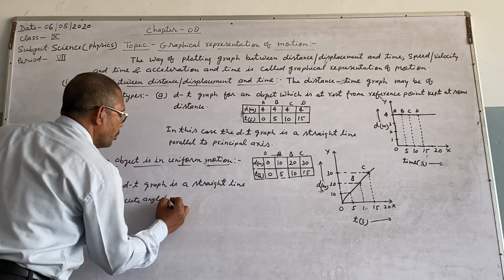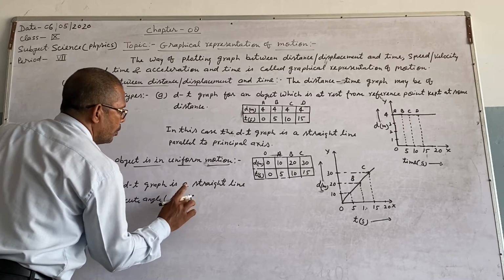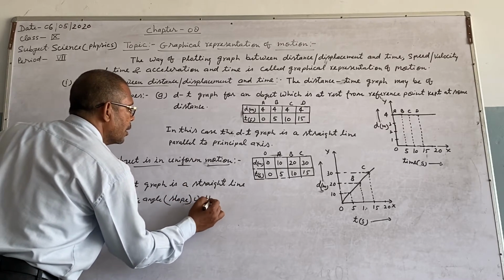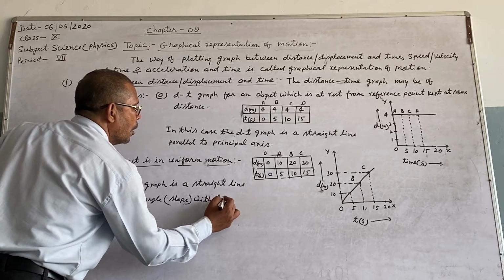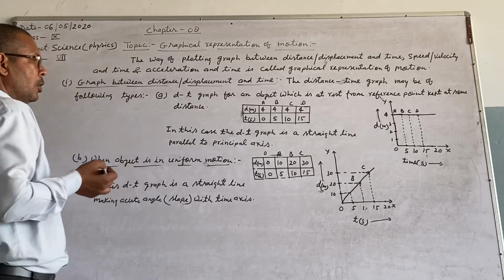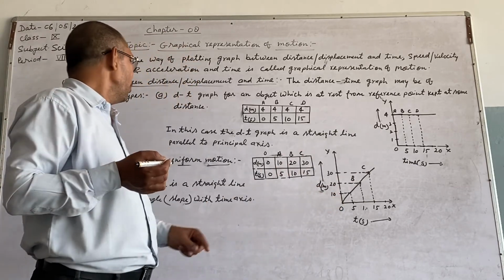That is slope with time axis. Right? So this is the distance time graph for uniform motion.